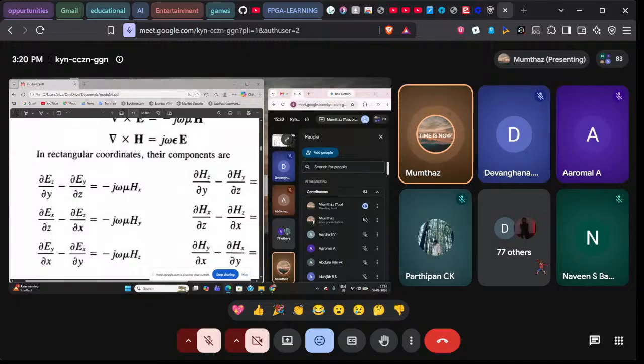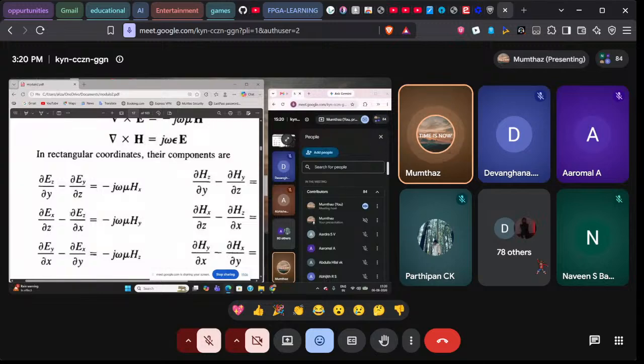You have to take the partial derivatives of Ex with respect to z and of Ez with respect to x. And then another combination is x and y. If you take x and y, you have to remember that the minus sign is very important, so that you find what comes on the right side.